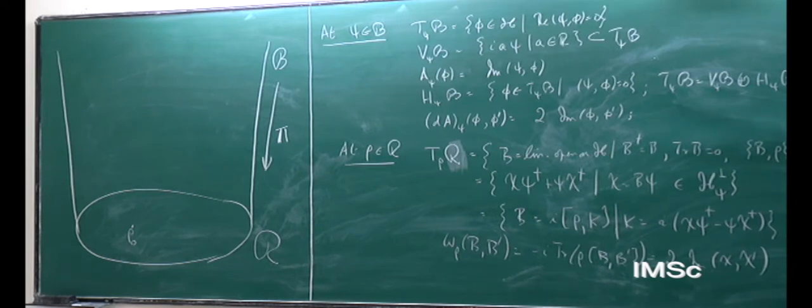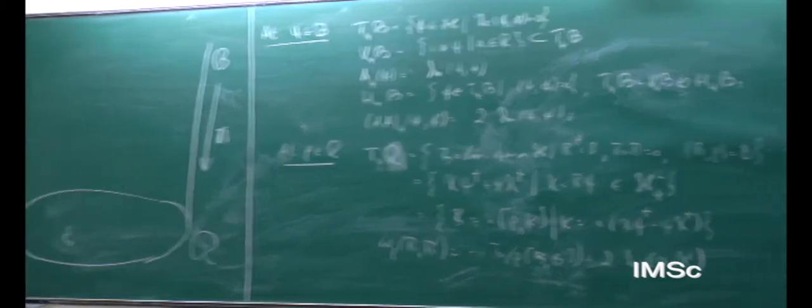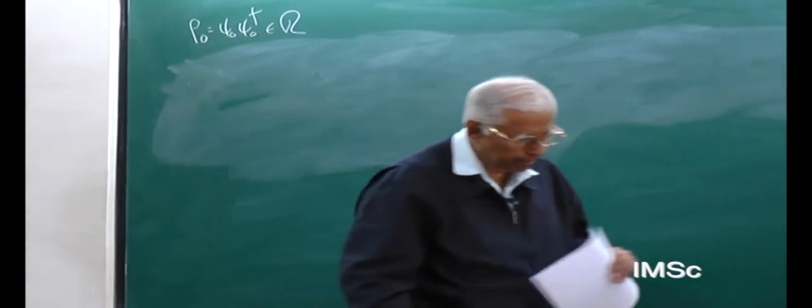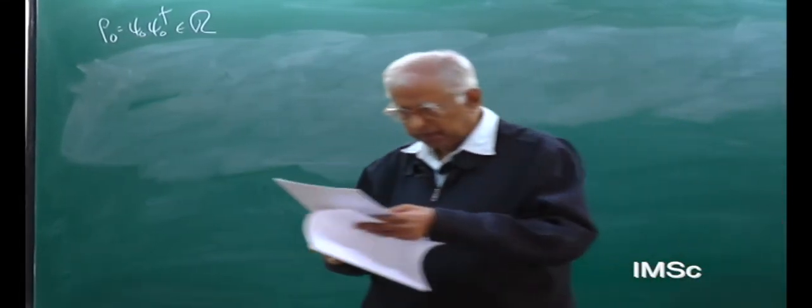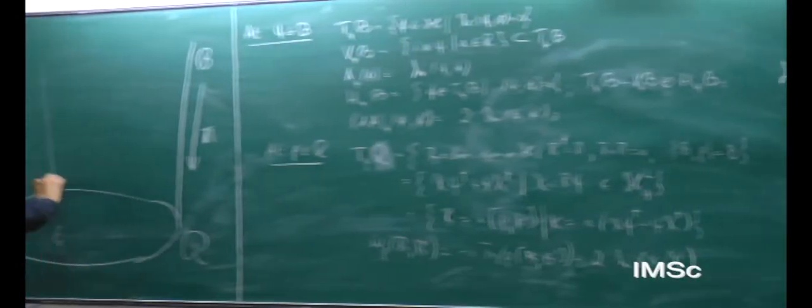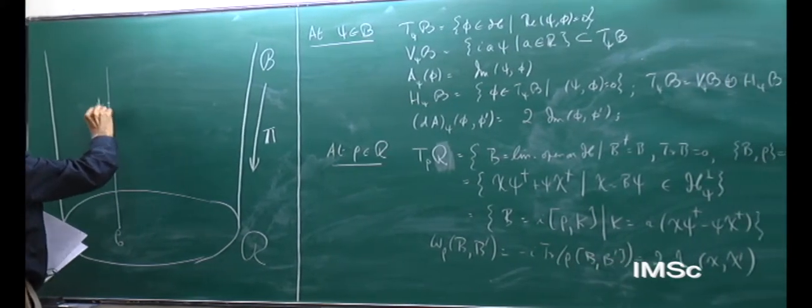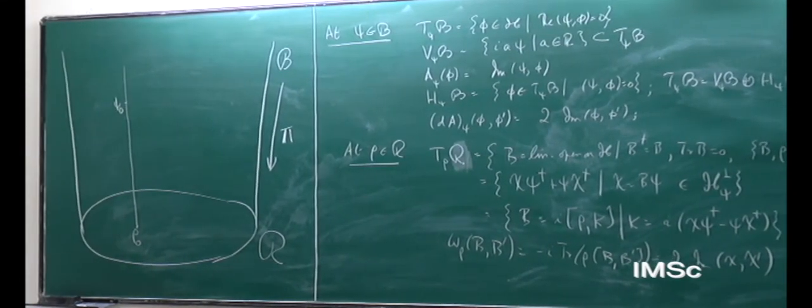So let us say rho 0 is some point in the ray space, and I will choose some psi 0 in the fiber on top of rho 0. Let us say this is the fiber, and here is a particular psi 0 I choose for definiteness.